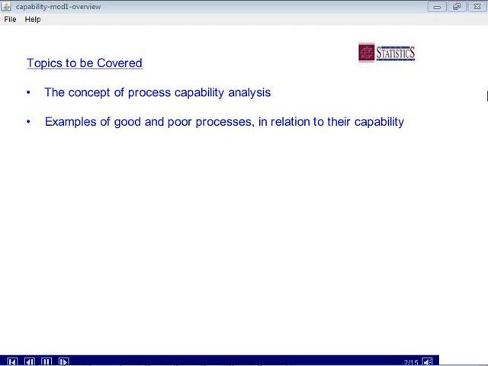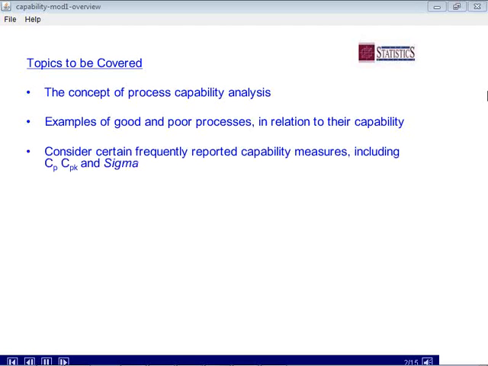We're going to consider certain frequently reported capability measures, including CP and CPK. One finds in practice that when there are discussions on capability measures, certainly in my case, I find that CP and CPK are the most frequently reported ones. But also we're going to talk about the Sigma capability estimate.